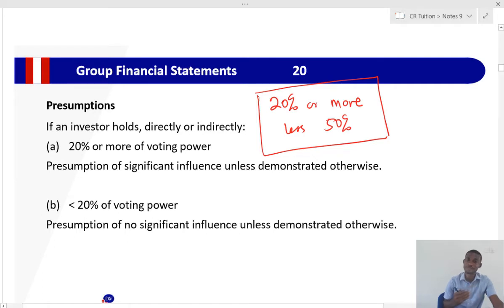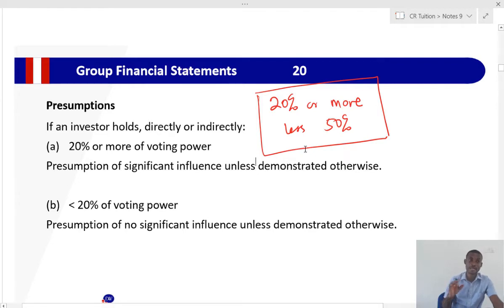If it is 50%, that's joint control. It's not significant influence. Now, anything less than 20%, it means that we would have to account for it as a normal investment under the financial instrument standards.